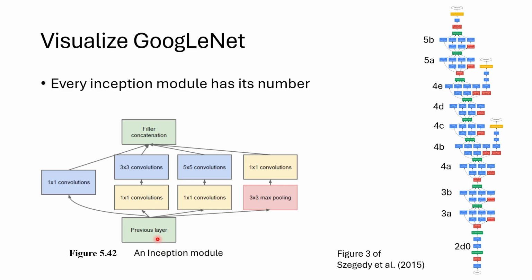From the previous layer, it will use several one-by-one convolutions to reduce the number of layers. And they will concatenate together and become a new set of feature maps. This network is developed by Google, and those researchers at Google are also interested in how the network looks at those input images.